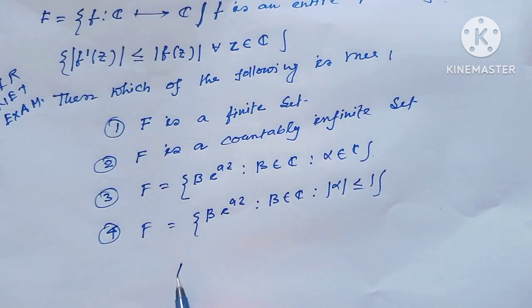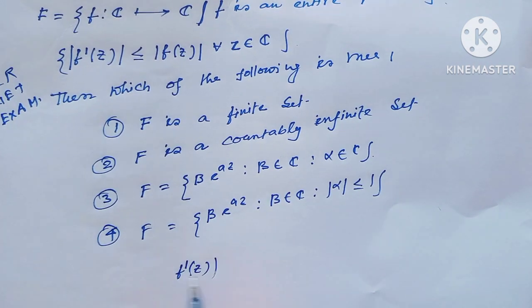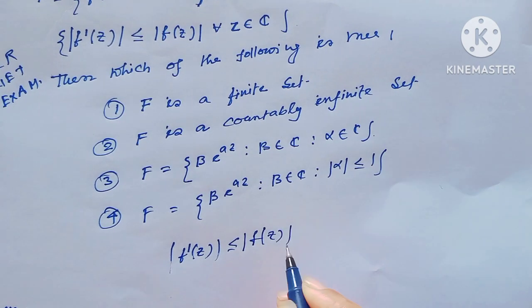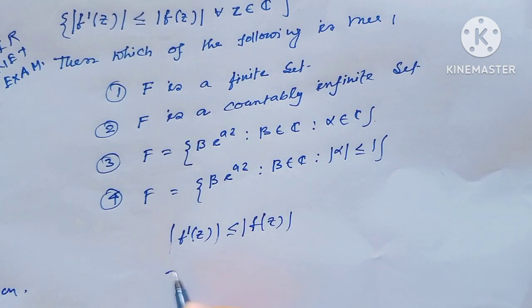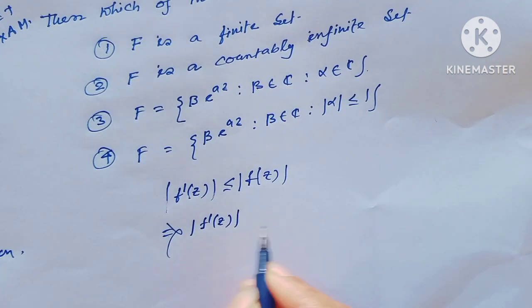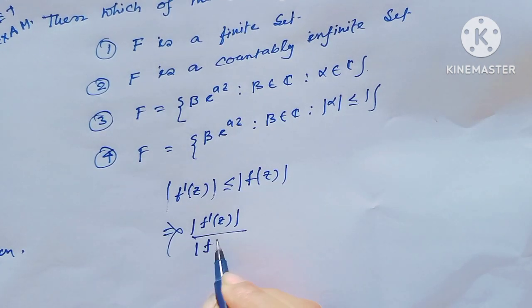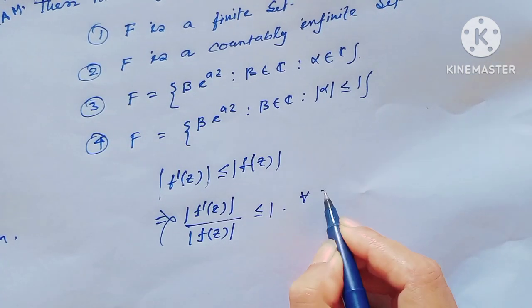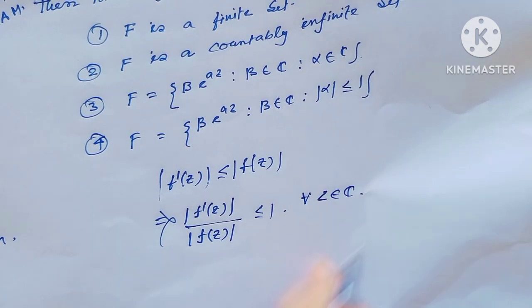Since it is given that |f'(z)| ≤ |f(z)|, that implies |f'(z)|/|f(z)| ≤ 1, and this is true for all z belonging to the complex numbers.